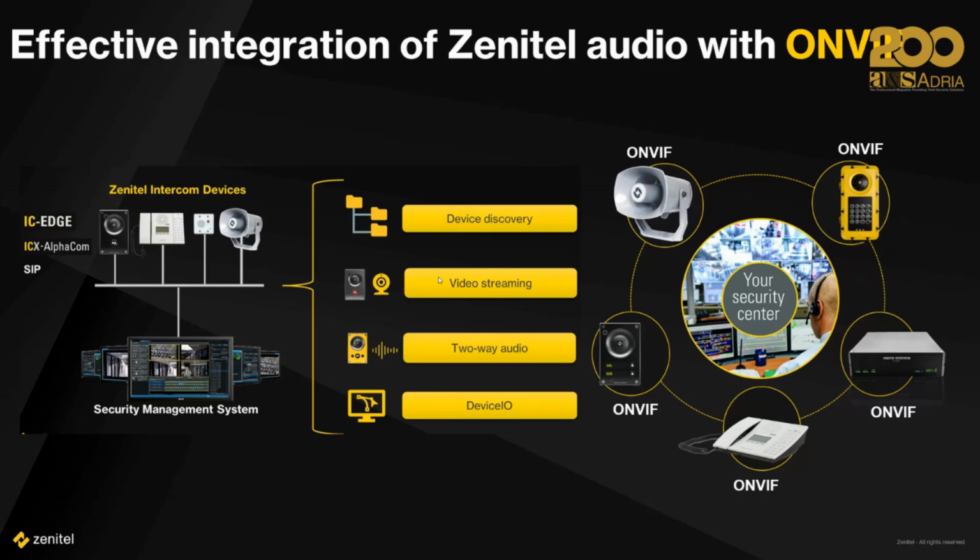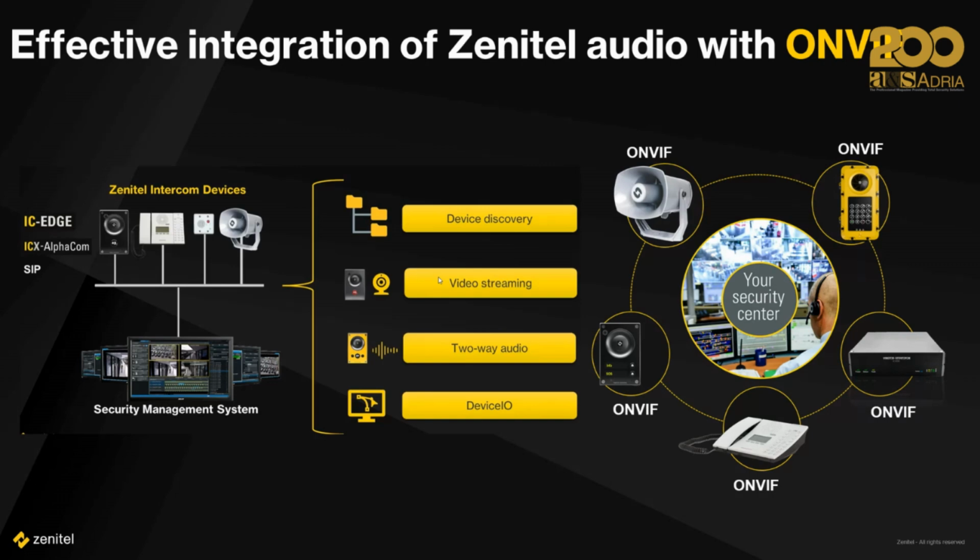Our products, both the video products, which is the video intercom, as well as the audio-only intercom and IP speakers, support OnWave out of the box. This means that these products can directly be connected to any security platform that supports OnWave. In the previous slides, you have seen the list of platforms that we have already integrated with over OnWave and SIP and so on.